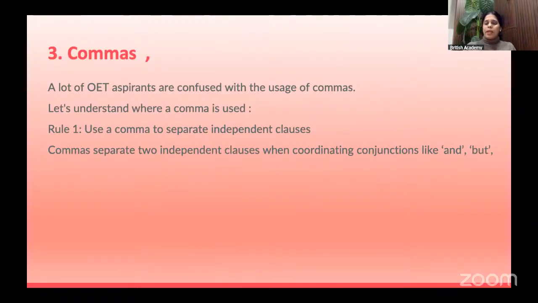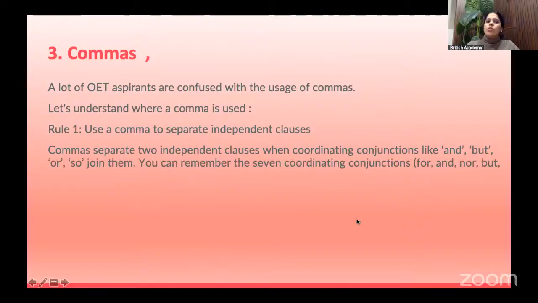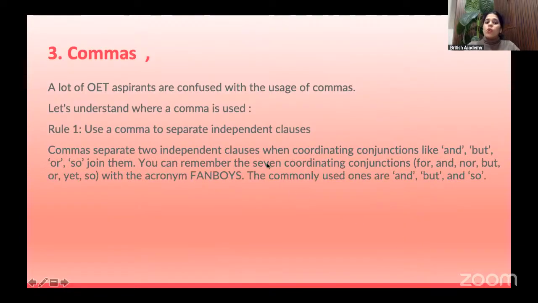For example, if I start my sentence with after receiving medication, this is not an independent clause. So if I want to separate two independent clauses and I'm using a coordinating conjunction, we can use a comma over here. You remember the 7 coordinating conjunctions: for, and, nor, but, or, yet, so. The common ones that we use are and, but, so.